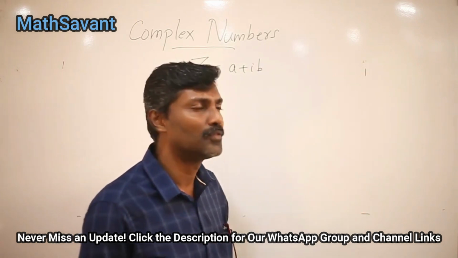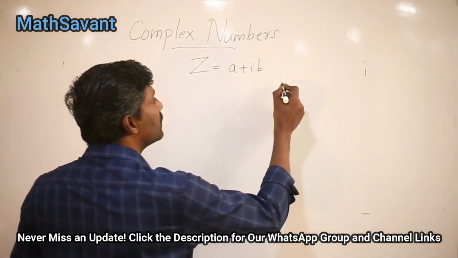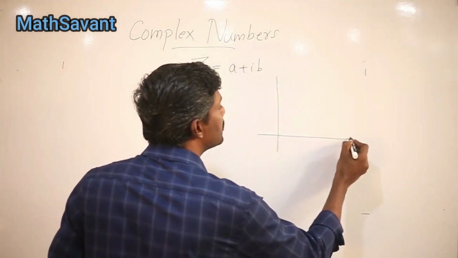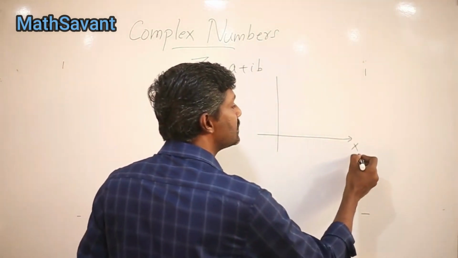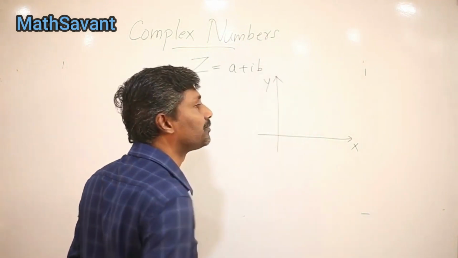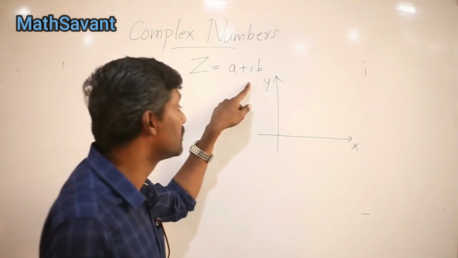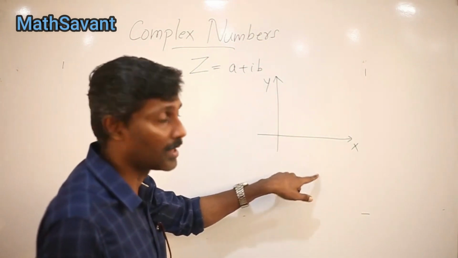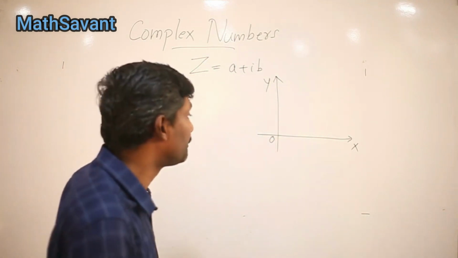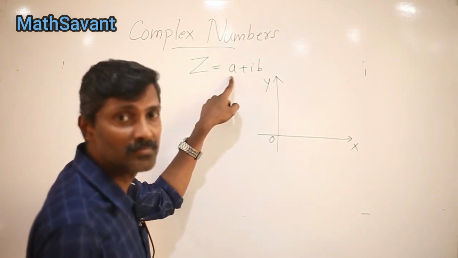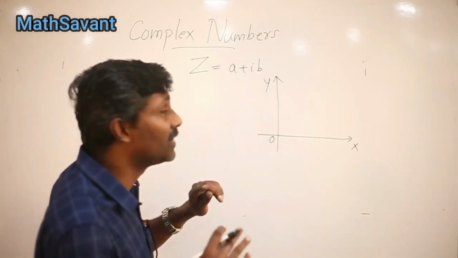Let's have a look at the xy plane, the rectangular coordinates. Just see this rectangular system where we have the x-axis and we have the y-axis. How do we represent Z equal to A plus IB, this complex number on the rectangular plane? This happens to be the origin, 0, 0. The real part of this complex number is A and the imaginary part is B. It's very simple.